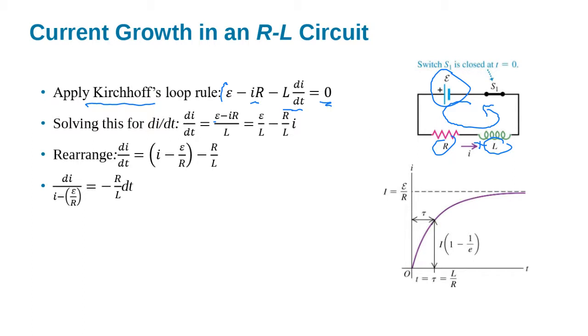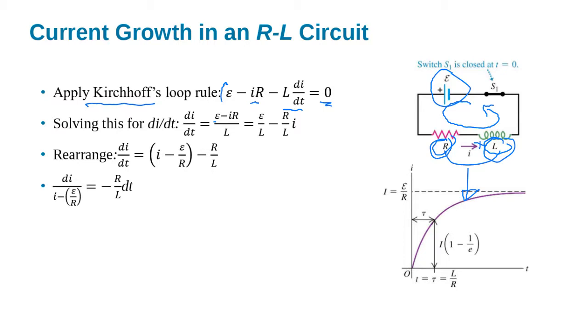Rearranging that a bit, we get epsilon over L minus R over L times I. Now we just want to get the R and the L on their own, because we want to know how the resistance and the inductance together affect the form of this temporal response.